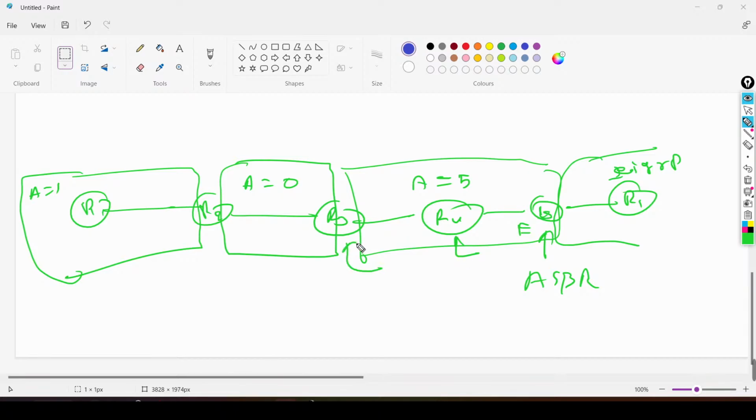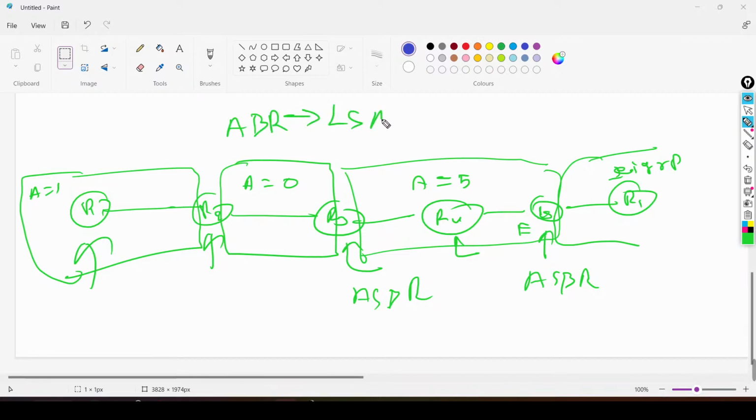Router 3 will also come to know that router 5 is my ASBR. Yes or no? But how will router 2 and router 1 come to know that router 5 is ASBR? Is it possible, guys? No, because LSA 1 cannot cross area. So that's why the ABR router will generate what?